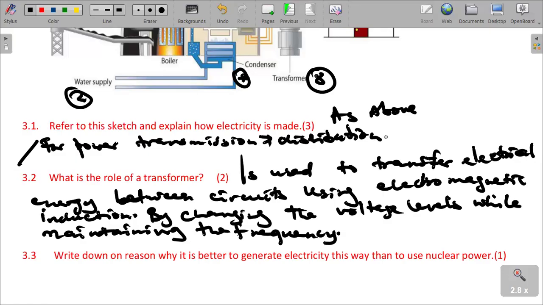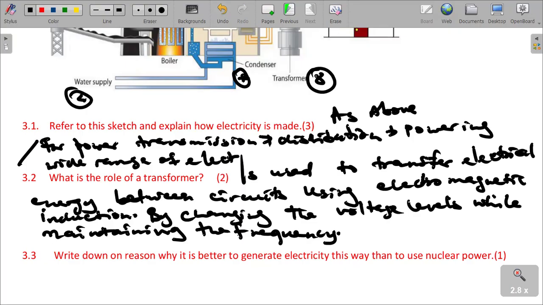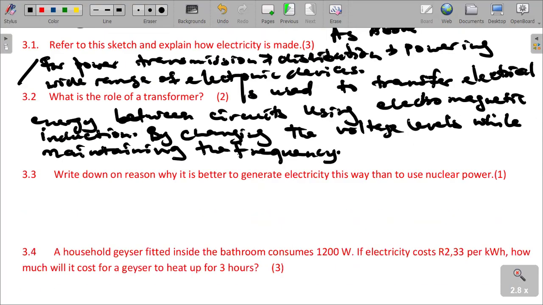The main function of the transformer is for power transmission and distribution, as well as powering a wide range of electronic devices. That is the function of the transformer in that regard.